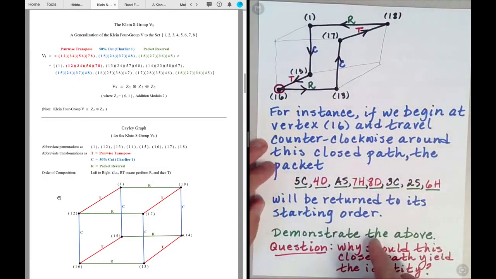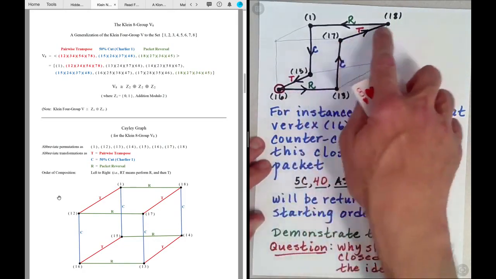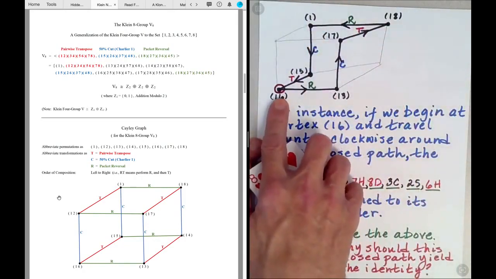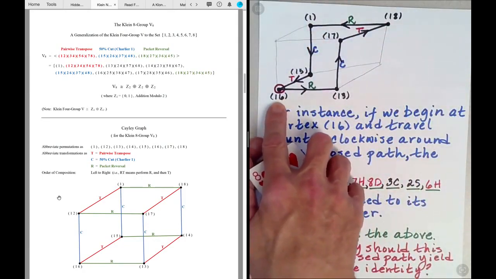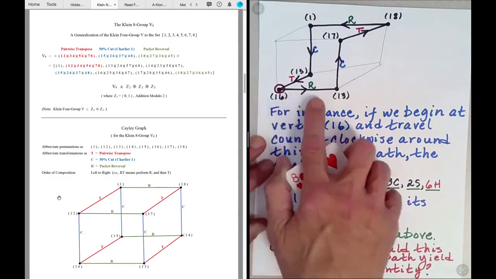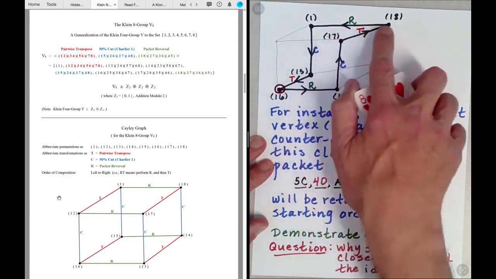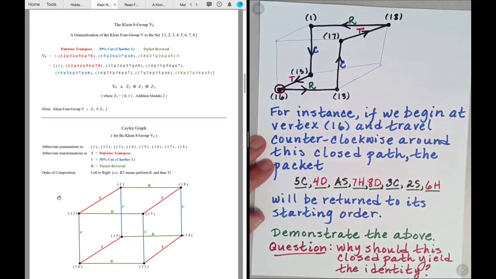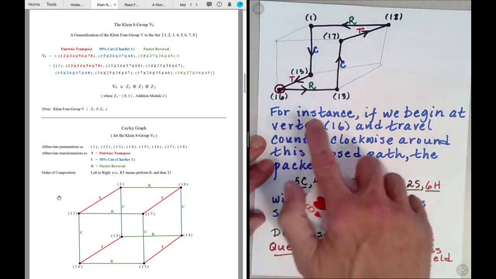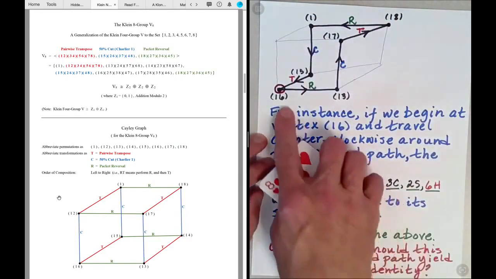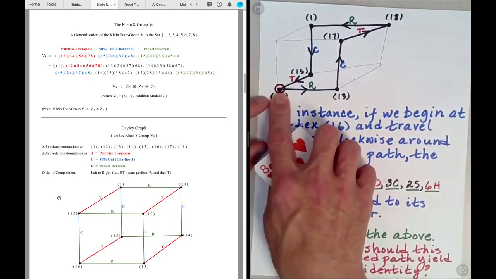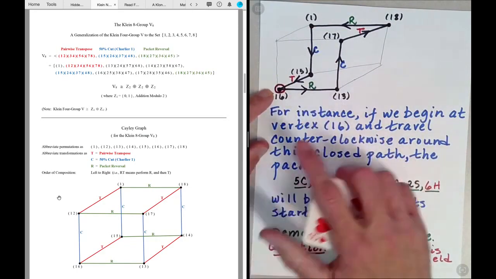So I just arbitrarily chose a place to start. So let's start down here in the bottom left. At this point, we need not worry about what these labels are. The particular labels here will not affect the success of our journey. So we start here. The arrows will be the important thing to keep track of.